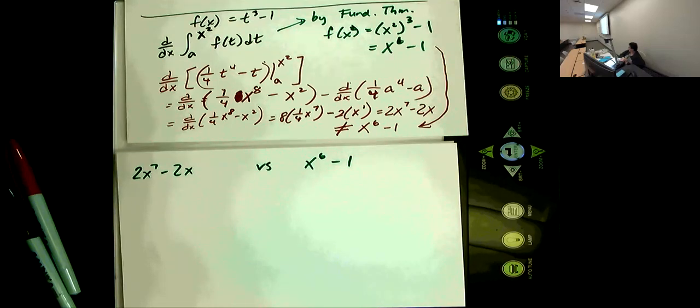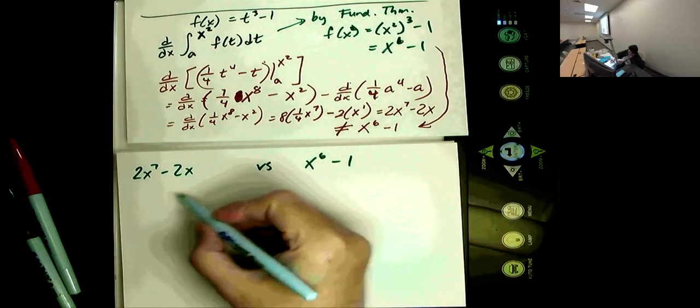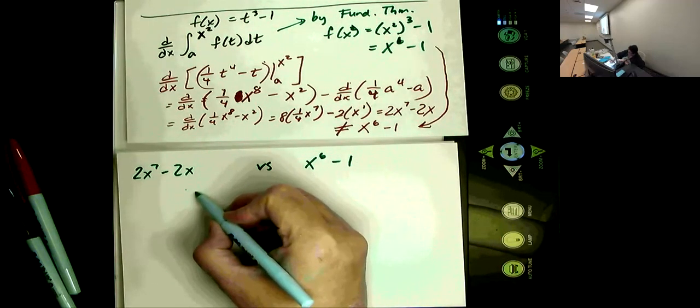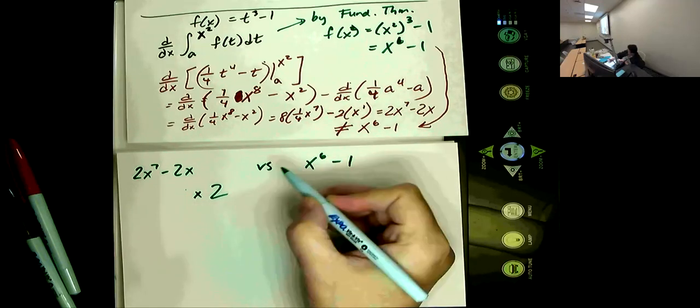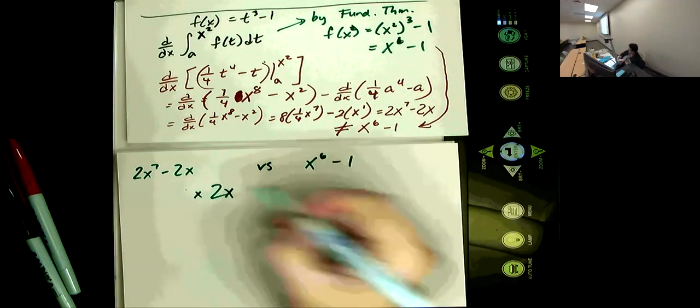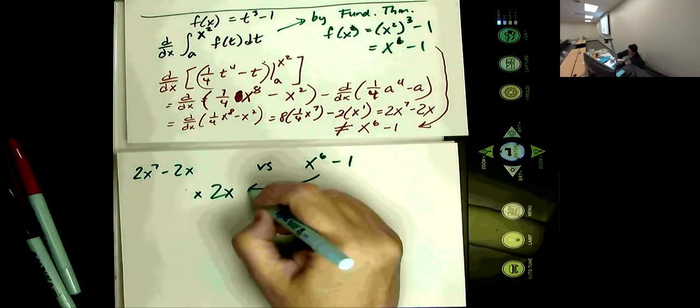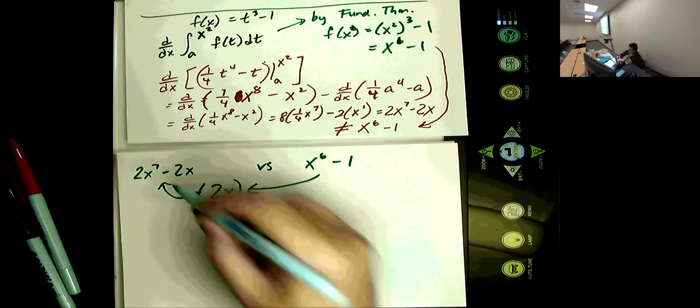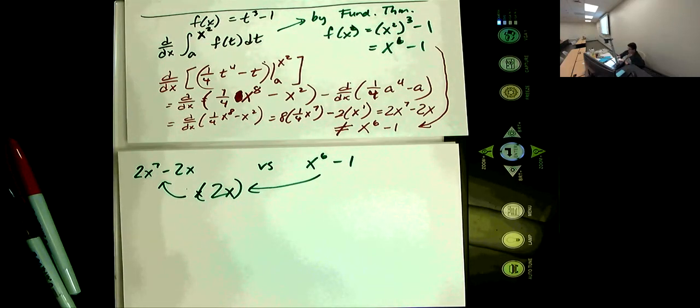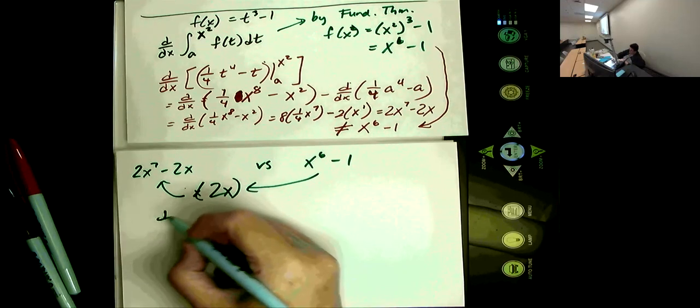The exponent went up by one and the coefficient doubled, multiplied by 2. And the exponent going up by 1 really means we're multiplying by 2x, right? So if I multiplied by 2x, I would get that. We started with this.